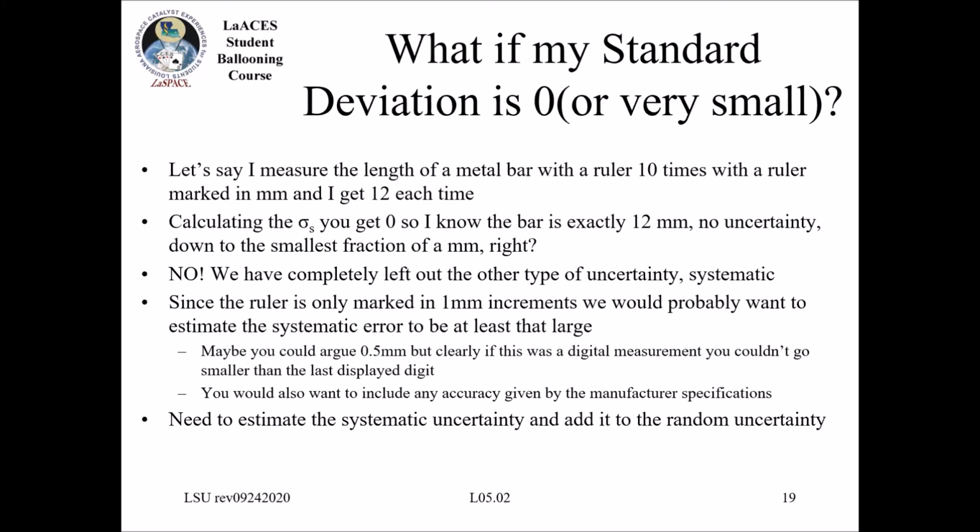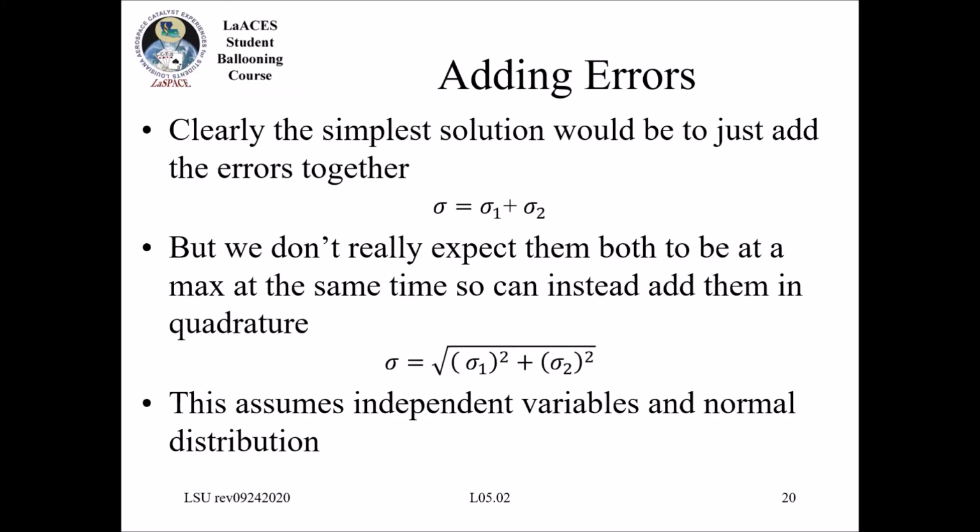So what that means is you can't forget about your systematic error or uncertainty. You have to have an estimate for it and then add it to your random uncertainty to find what the total error is. Well, how do you add errors? I mean, the simplest solution would just be to have 2 different errors and assume you just add them up.